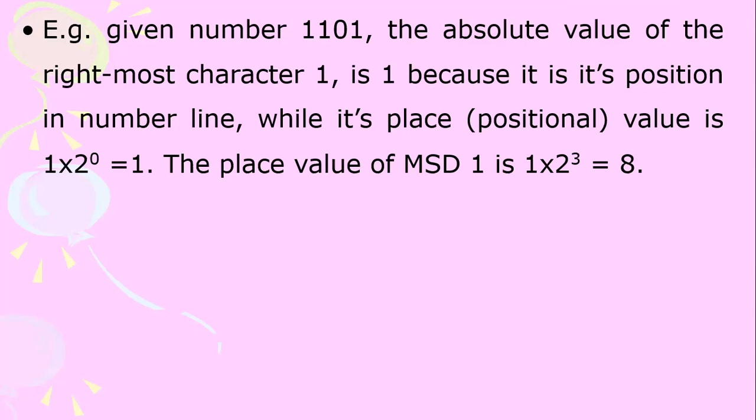And therefore the position of the rightmost character 1 will be its position in the number line, while its place or positional value will be that number multiplied by 2 to power 0.